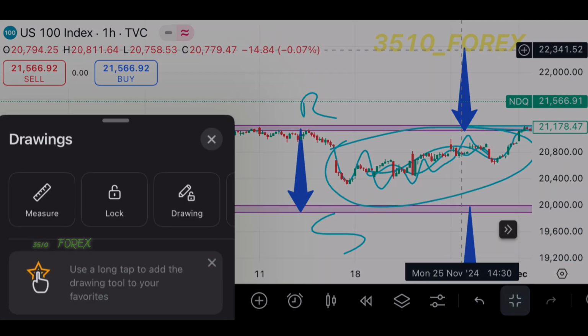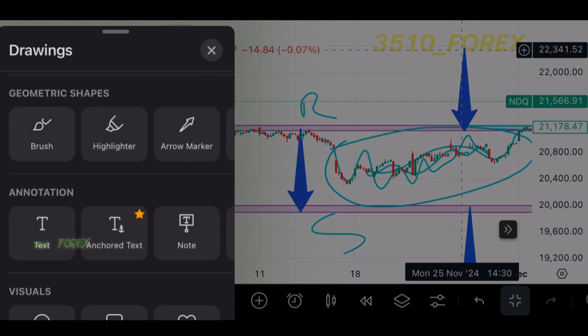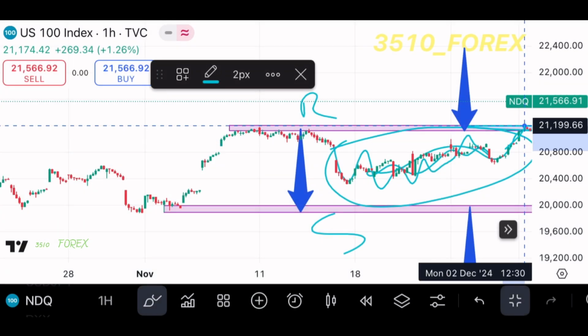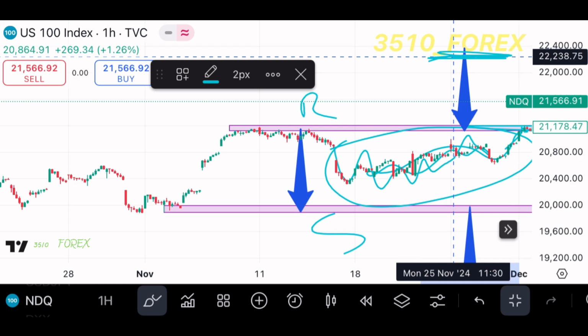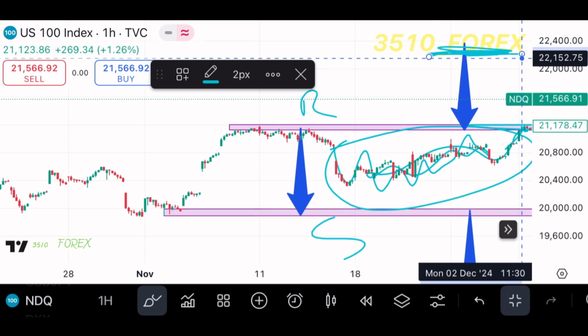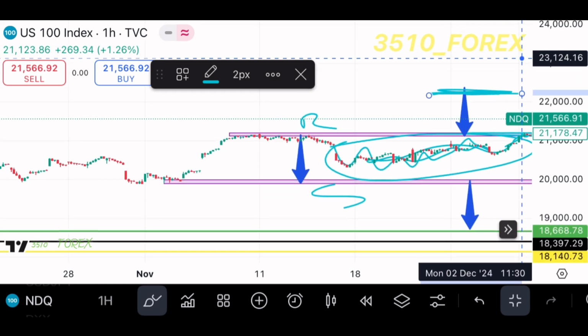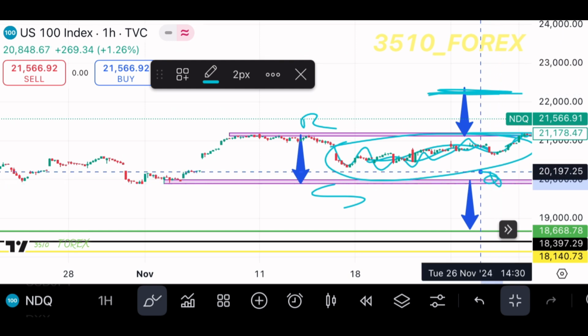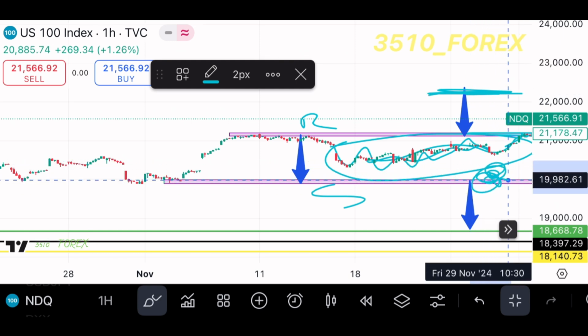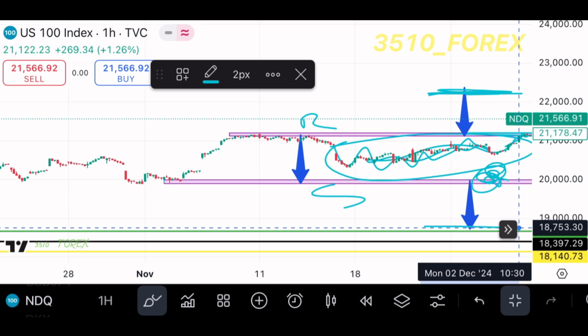So if the price did break here, then my TP will be here, right? Just like I said before, my TP will be here. But if the price didn't break at the top, and it broke maybe around here on our support level, then this will be my TP, right?